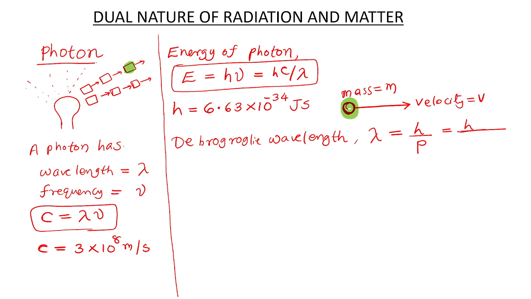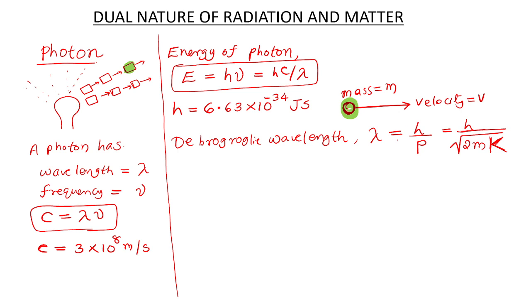Momentum is related to kinetic energy by this formula: p equals root of 2mK. Let me use capital K so you will not get confused. So we can use this formula, where m is the mass and K is the kinetic energy.